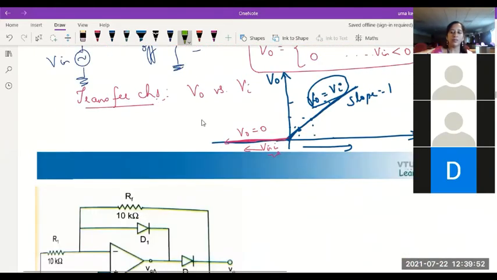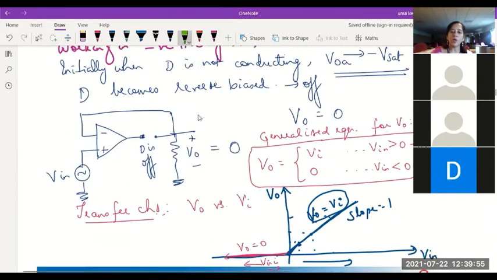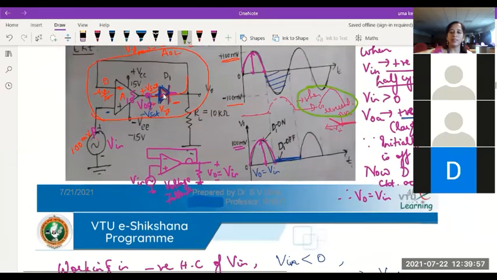Now, usually there is one small problem when I make use of a single diode in the feedback loop. Do you know what that problem is? As I told you, whenever this diode is not conducting, the output of the op-amp will be in one of the saturation levels. And it becomes very difficult, or a larger time is needed, for the output to shift from there.